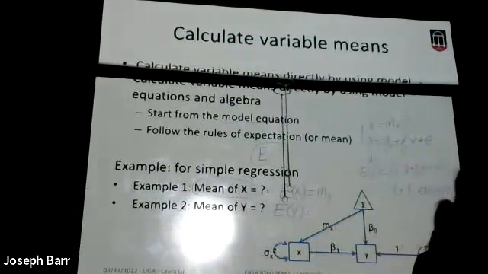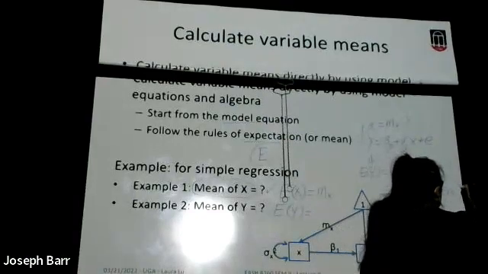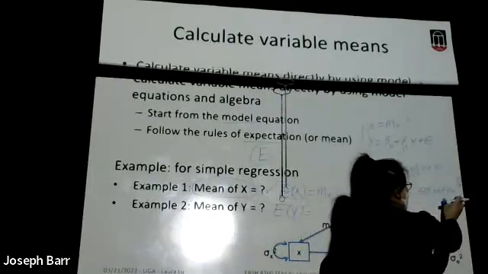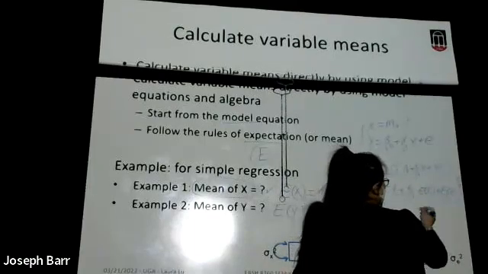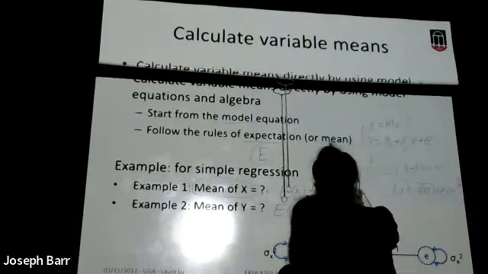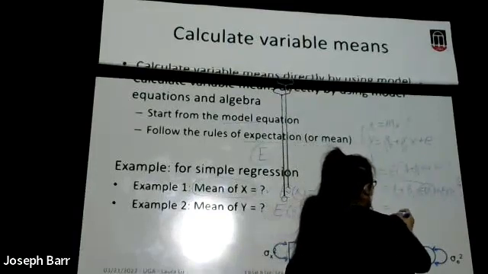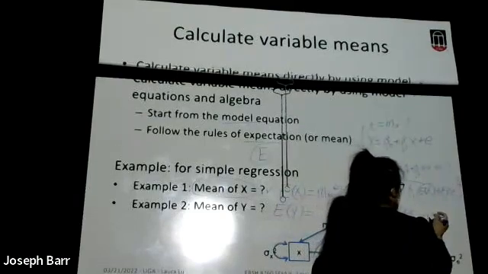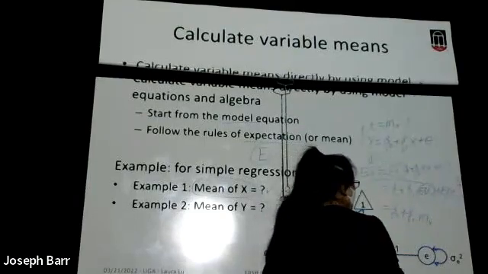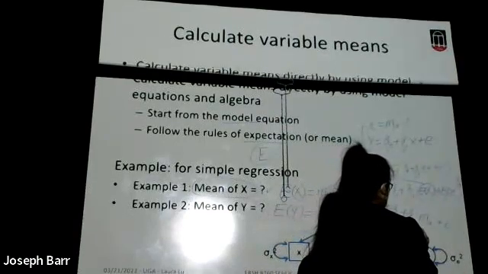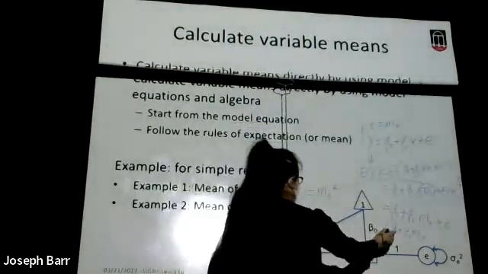By our assumption, the expectation of the residual part is 0. And this part we have already obtained from the previous step. So it is beta 0 plus beta 1 times mx, the mean of x, plus 0. That's it. This is the mean of y.